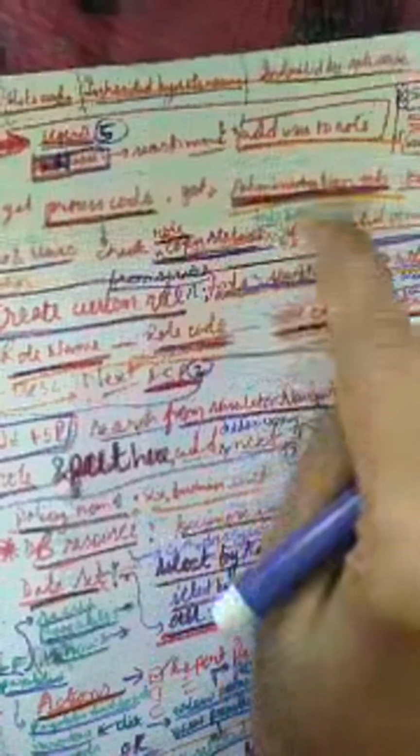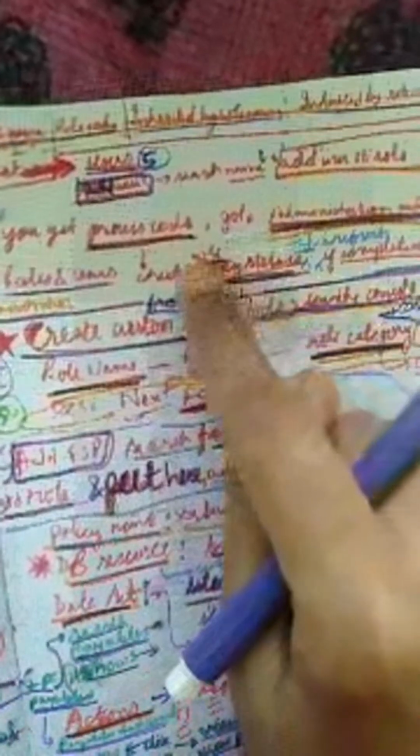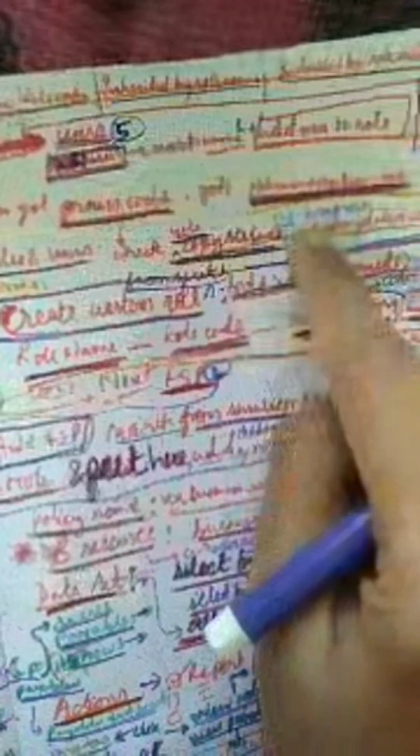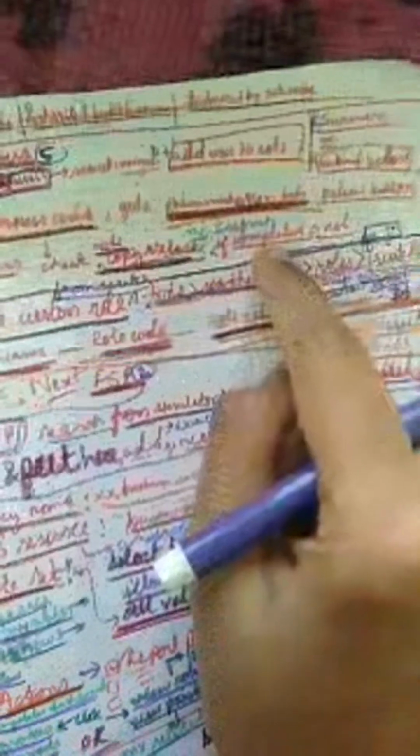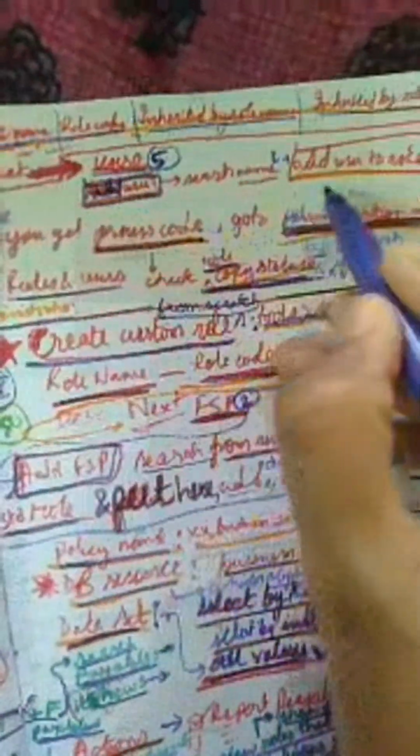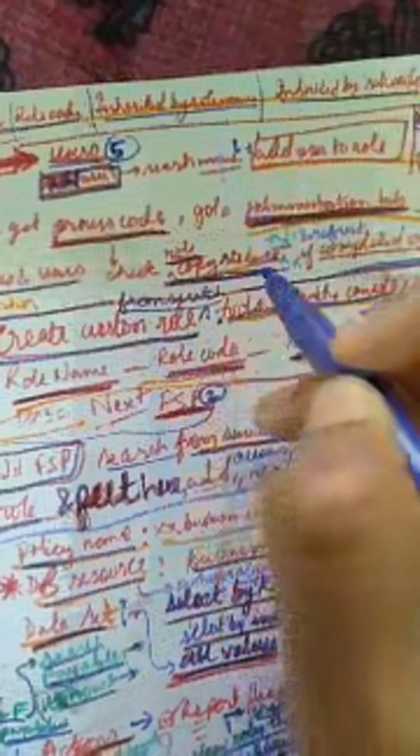Once we click on administration, a new page opens and there are multiple tabs. Once this is done, the role is copied from the standard role and it is associated with all the usernames that we have added here.